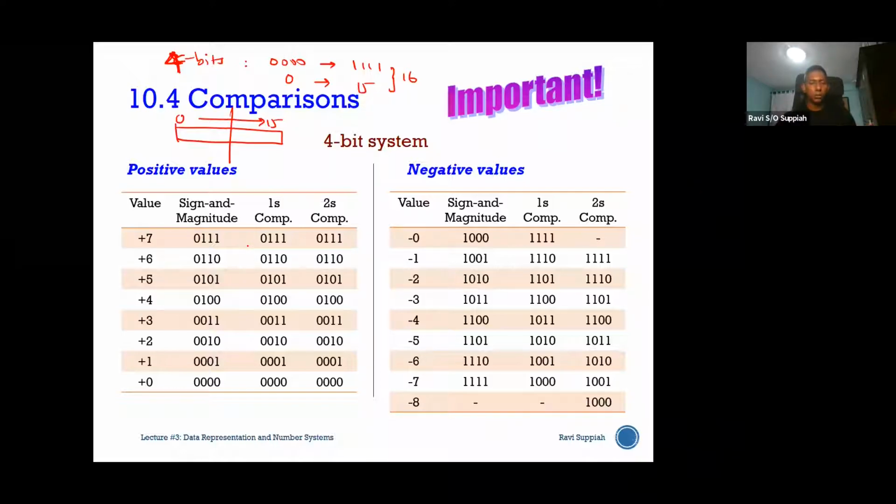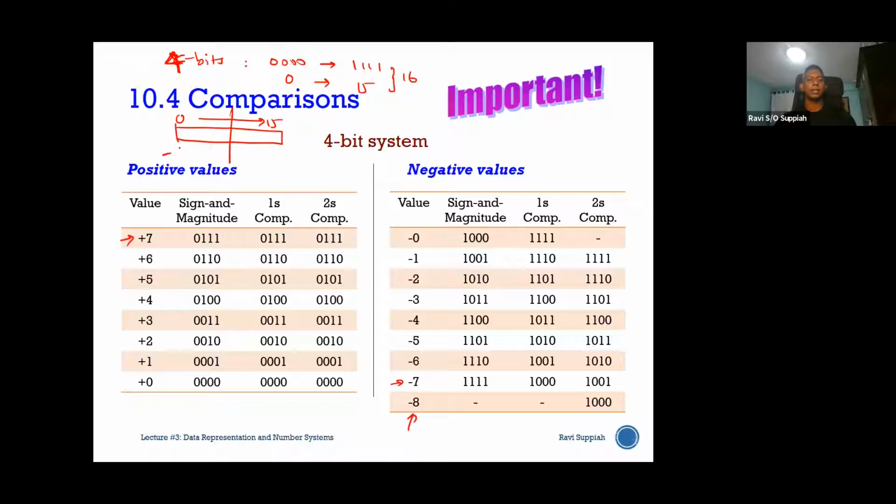When I split into two, there are different ranges. For sign magnitude and 1's complement, in this case you get -7 to +7. Only for the 2's complement form, it starts from -8 to +7.